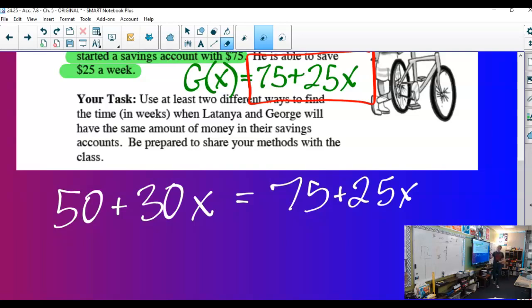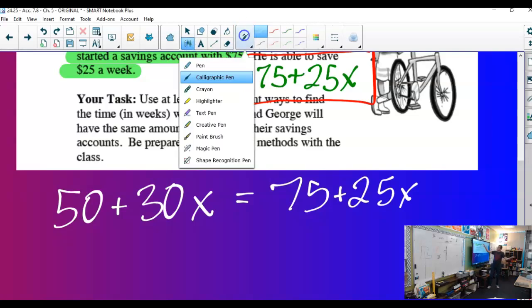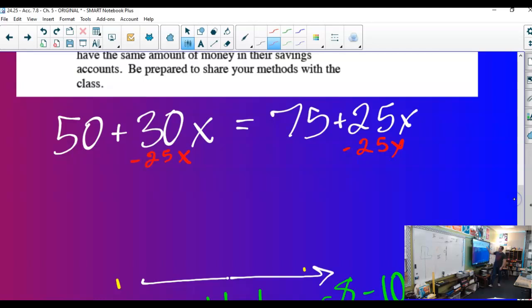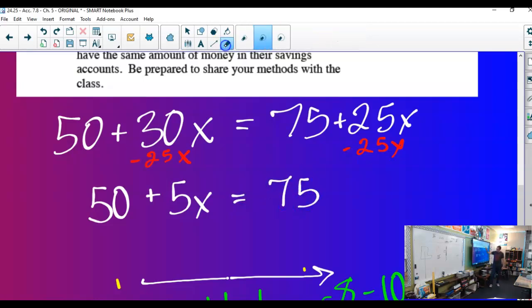So leave the x's on that side. I gotta get a pen. I don't know where my pens are, but I can't write with my fingers. Do the x's first. Get rid of the smaller x. So minus 25x. So then 50 plus 5x equals 75.